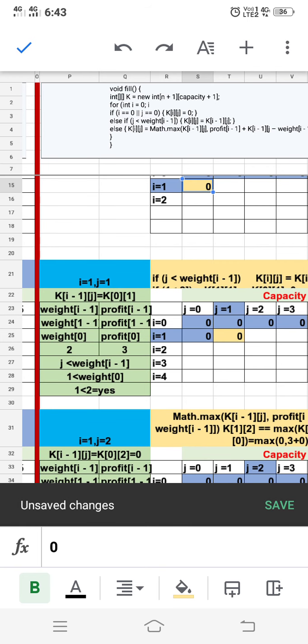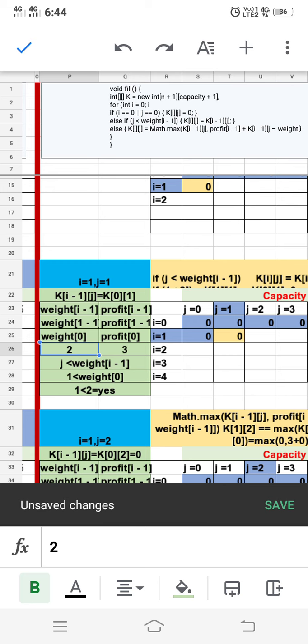Object number 1, its weight is 2, and the capacity I have in this iteration, that is j, is 1. So I am comparing the j value with the current object weight. 1 is lesser than 2. The weight j is equal to 1 is lesser than the weight of the current object 2.